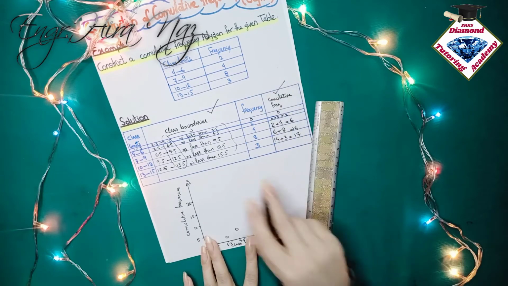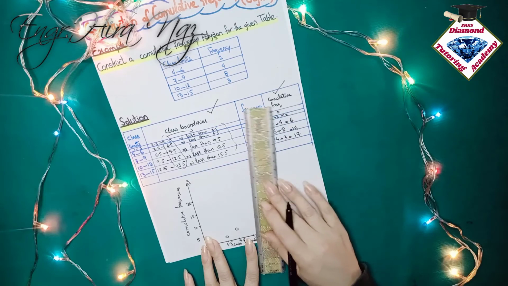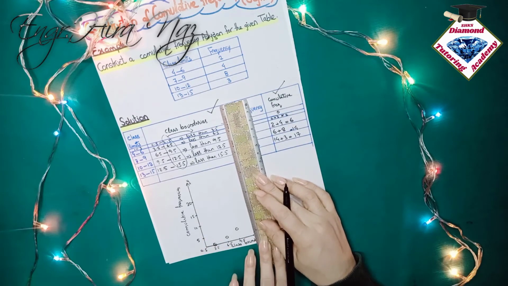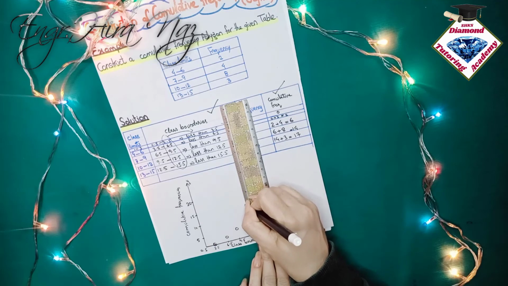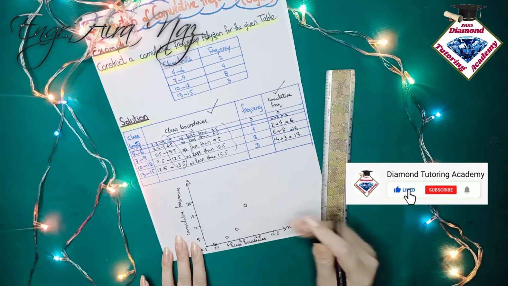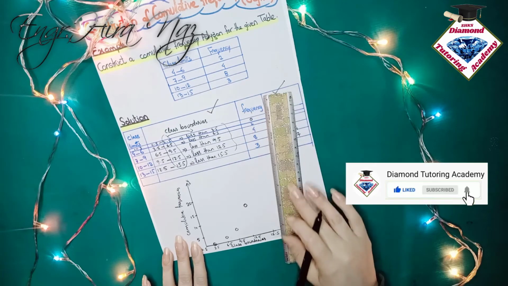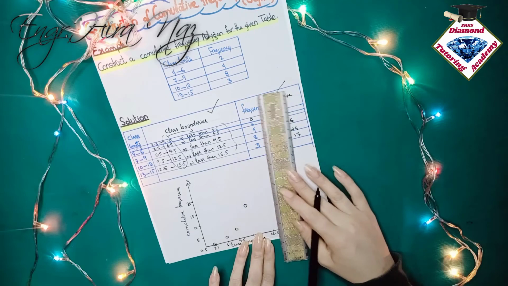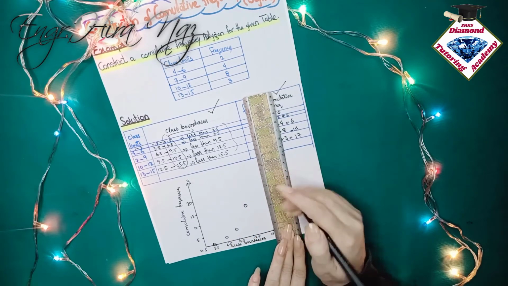Next is 12.5. For the 12.5 class boundary, our frequency is 14. So here is 15 and somewhere here is 14. The next one is 17. So at the 15.5 class boundary, our cumulative frequency is 17.